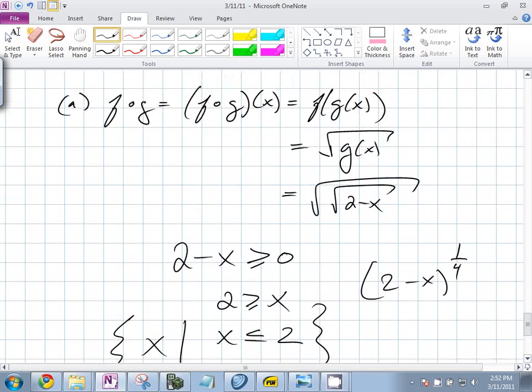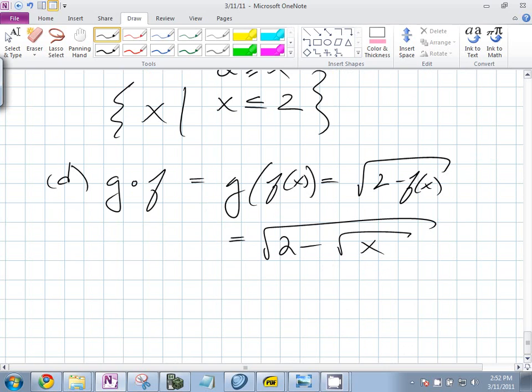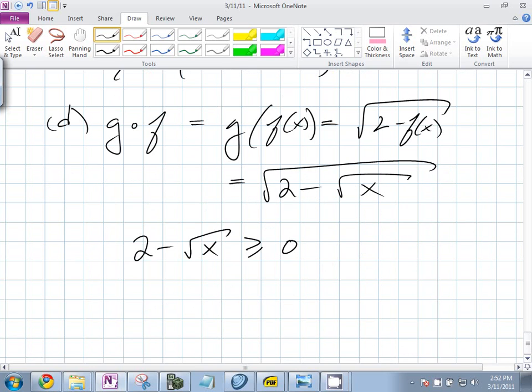Sure. So we have to be really careful here. We now know that 2 minus the square root of x has to be greater than or equal to 0, right? Does everybody see why that's true? This is B, I'm sorry. Do you agree with that? 2 minus root x has to be greater than or equal to 0.